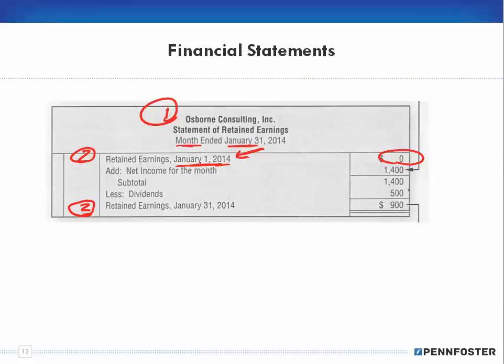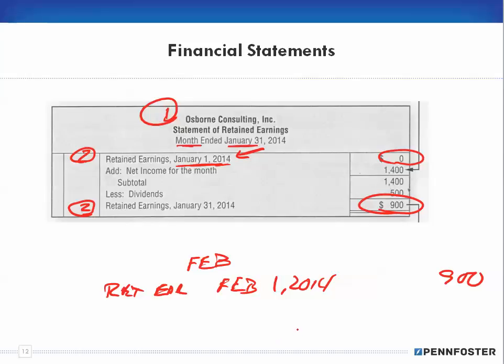That's why I'm stressing, if this was, let's say, for the month ended February, well, if it was for the accounting period February, my retained earnings balance would be $900. So my beginning balance, I'm sorry, my retained earnings, and I would make the date February 1st, 2014, and I'd show the beginning balance is $900.